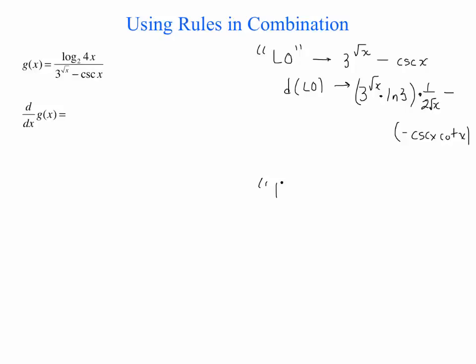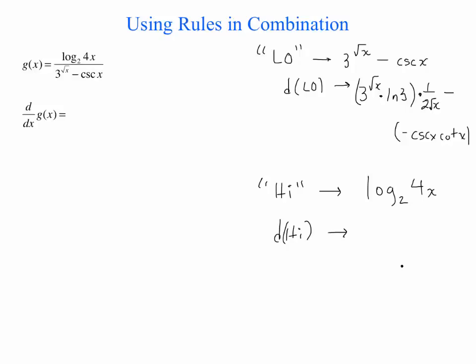That function is our numerator, log base 2 of 4x. So we need d high, or the rate of change of that function. So we need to apply a log base b rule.